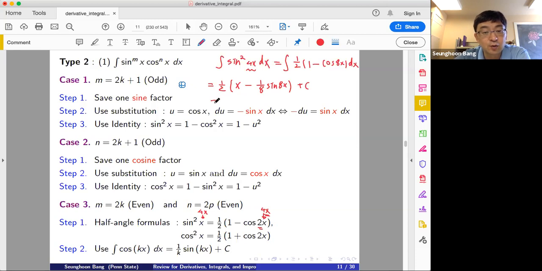You can distribute the 1 over 2: 1 over 2 x minus 1 over 2 times 1 over 8, which is 1 over 16, sine of 8x, sorry about that, plus c. This is your final answer by using case 3.